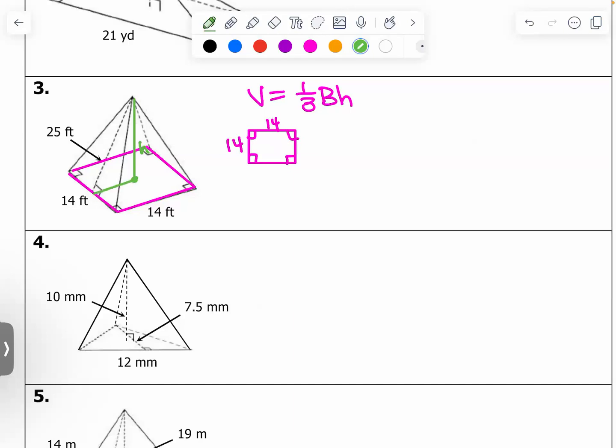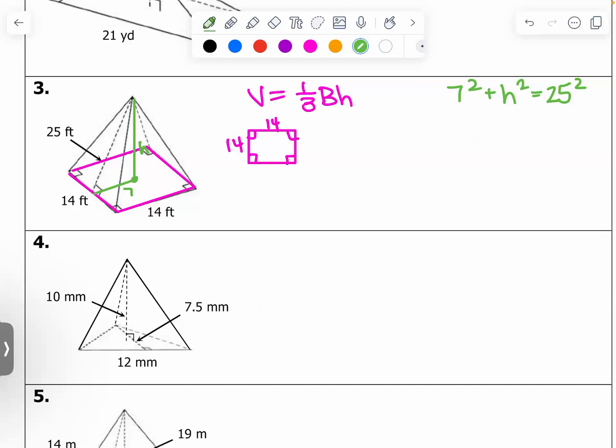We have this right triangle that I just drew. We know the hypotenuse. What's this leg right here? 7. So we're going to have to do 7 squared plus height squared equals 25 squared. Now, I know my Pythagorean triple. Does anybody know it before they do it? 24.